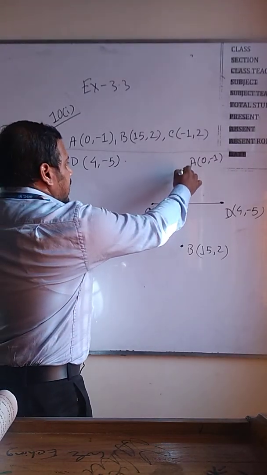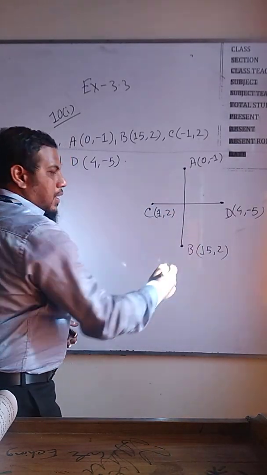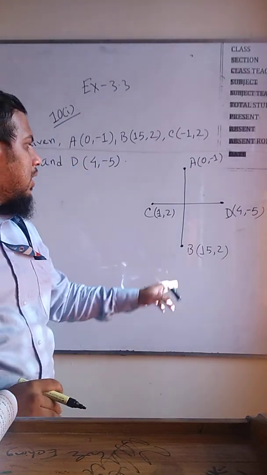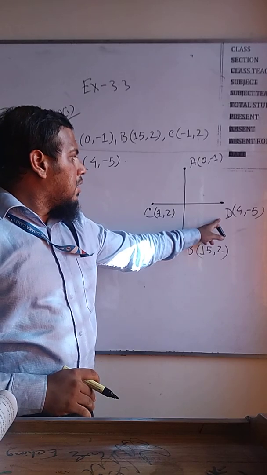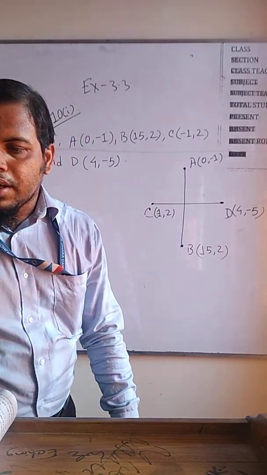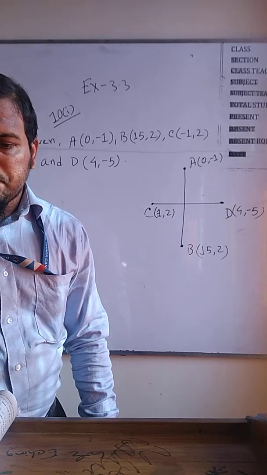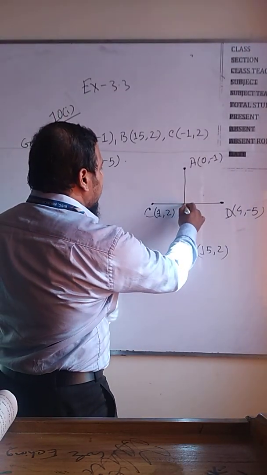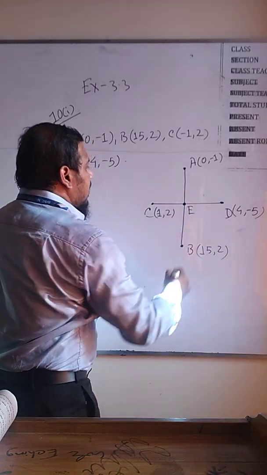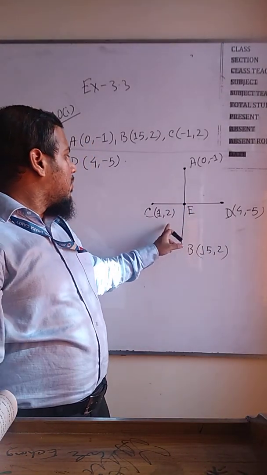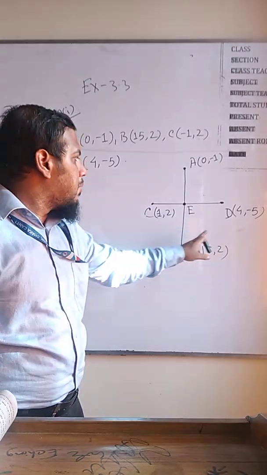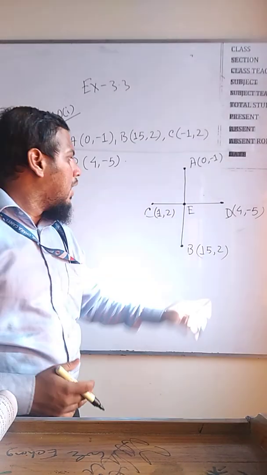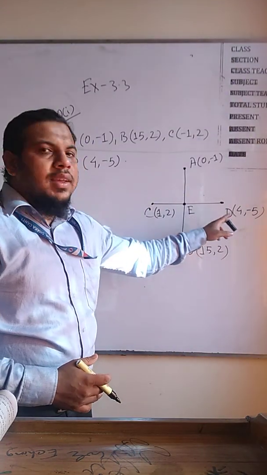So AB is the line. We have to find out in which ratio AB divides CD. That means, say for example, it divides at the point E. CD is divided by the point E, and we have to find out in which ratio E divides the line segment CD.